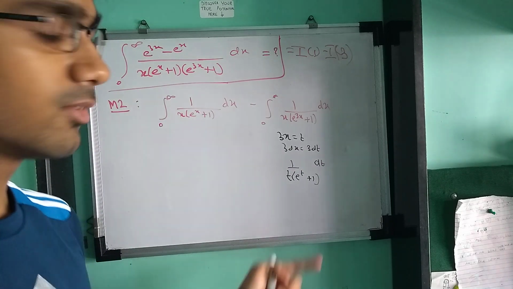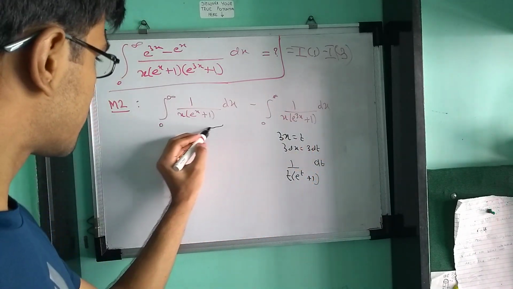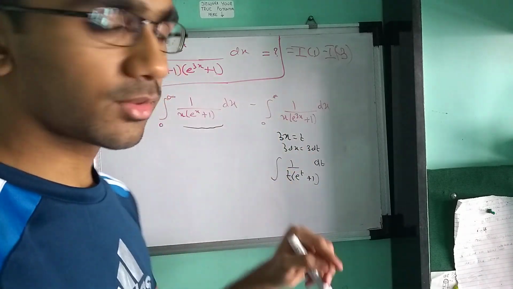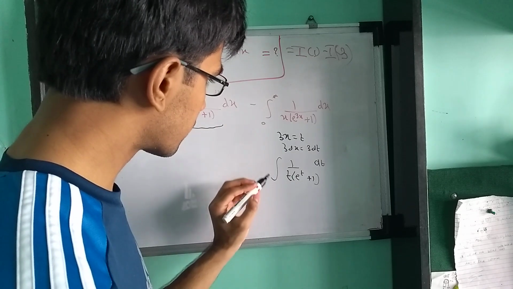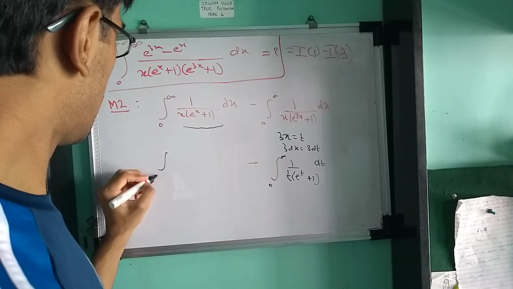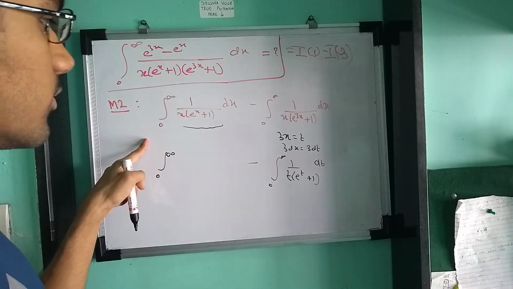The 3's cancel out, they get this only. And if you see, the expression here is also the same. They'll say, if 3x is t, x goes from 0 to infinity, that means 3x also goes from 0 to infinity. Therefore, this is also the same, and this is also the same, right?